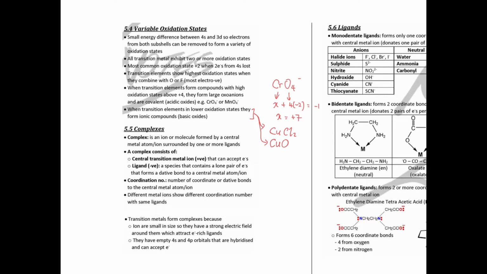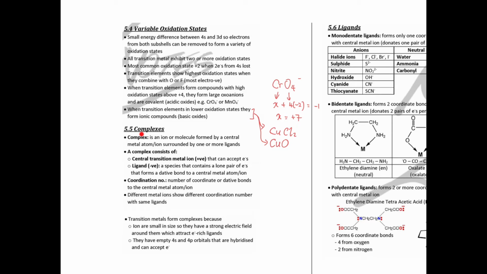Now, let's move on. Besides forming oxo anions, they also form complex ions or complex species. In general, we just call it complex. Transition elements form complexes.